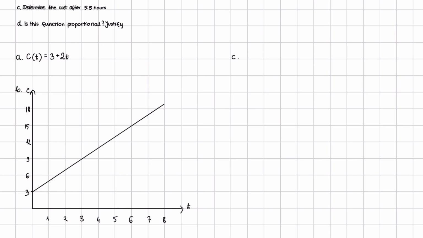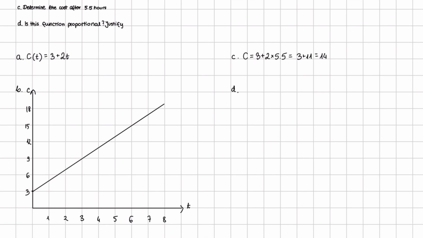So basically we have to substitute 5.5 into our function. So C equals 3 plus 2 times 5.5. So this is 3 plus 11, so 14.